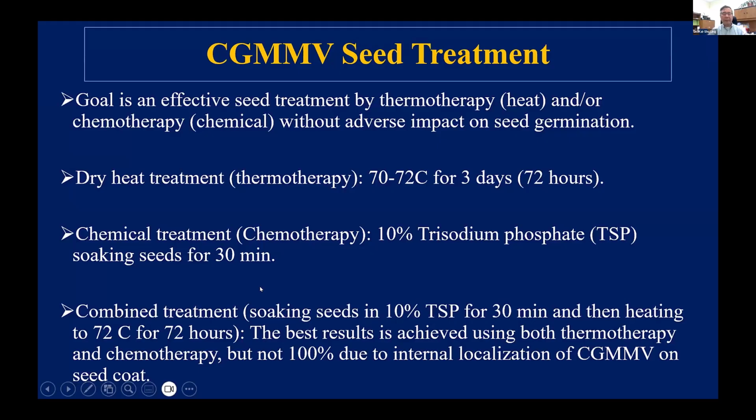Combining the two usually gives better results: soaking in TSP for 30 minutes, then heat treatment for 72 hours.